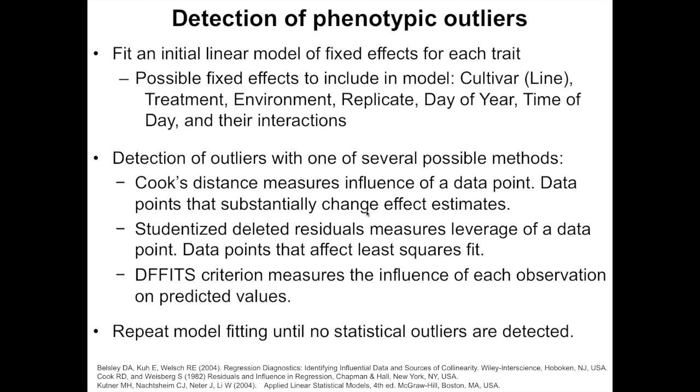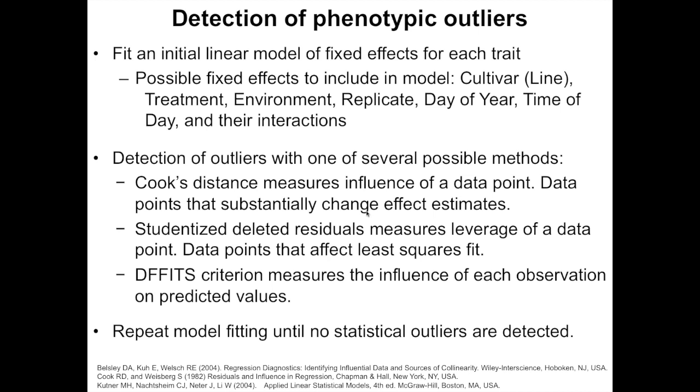Because if you're measuring a trait such as canopy temperature, it'll change over time. So this is a covariate you may want to also put in your model to look for outliers. And often you can test for the interactions of these terms as well when you're searching for outliers.